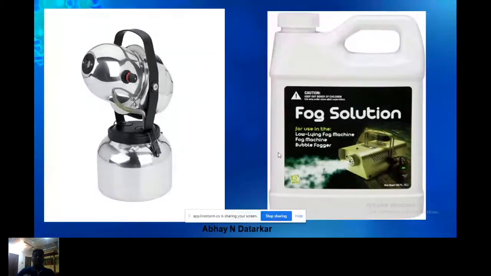For fogging, they use the quaternary ammonium solution, and that is the 100% perfect way of disinfecting your dental operatory, and that is how we can build up our own confidence as well as the patient's confidence. There are a few other methods which we are going to talk about for disinfecting the operatories.